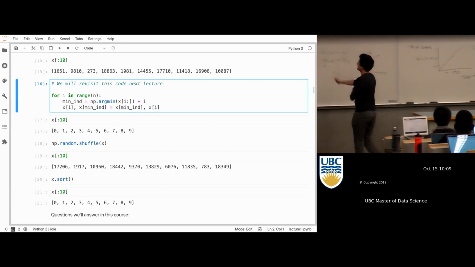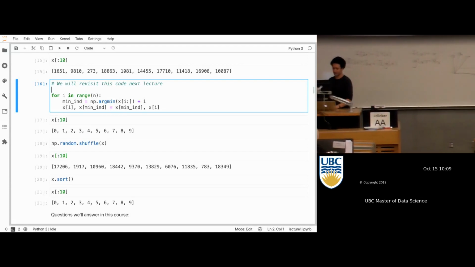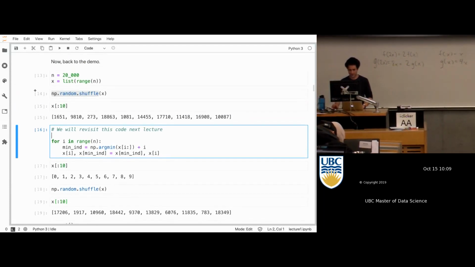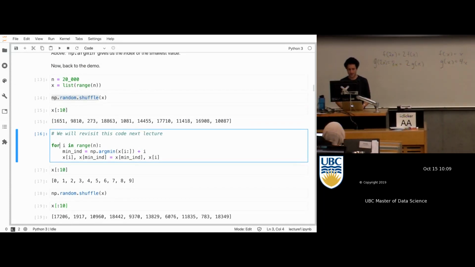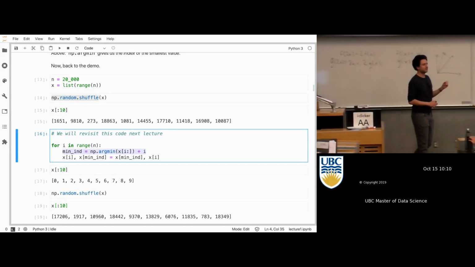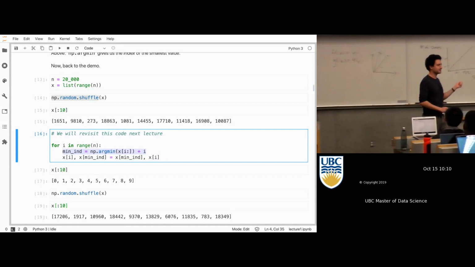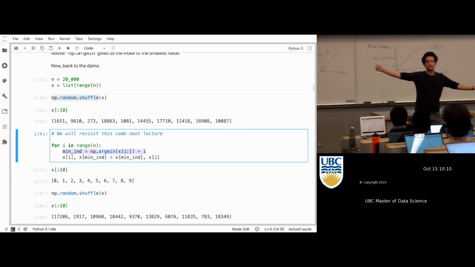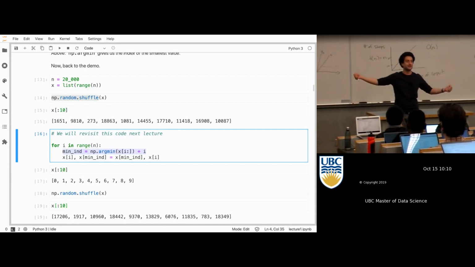So why is this thing O of n squared or quadratic? The answer is this. Yes, I am doing something n times, but what am I doing inside of the loop? Well, this line of code itself actually takes O of n time, because argmin has to search through the whole array and find me the index of the smallest one.